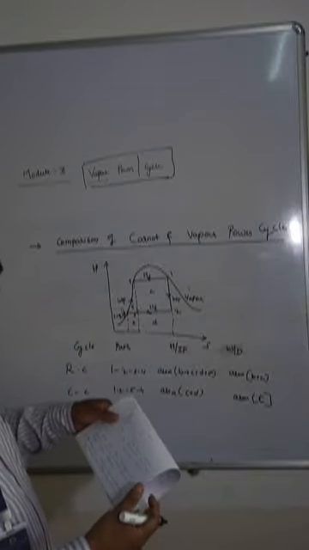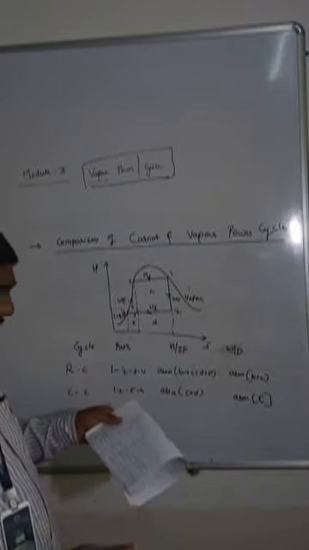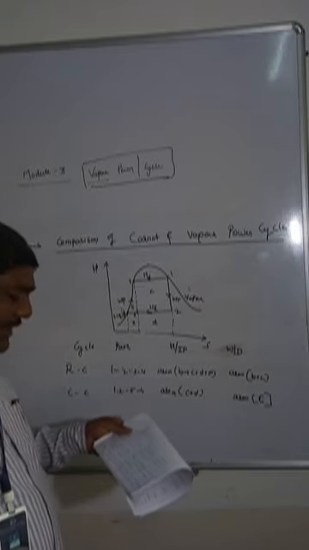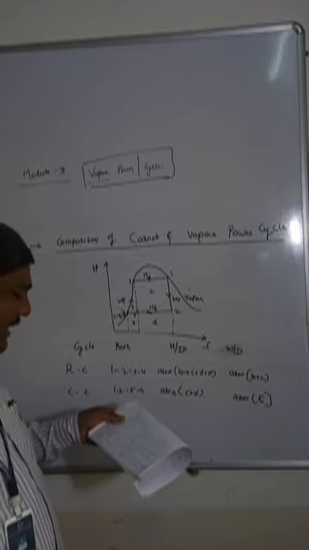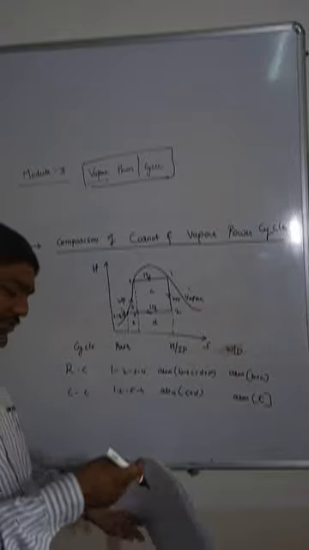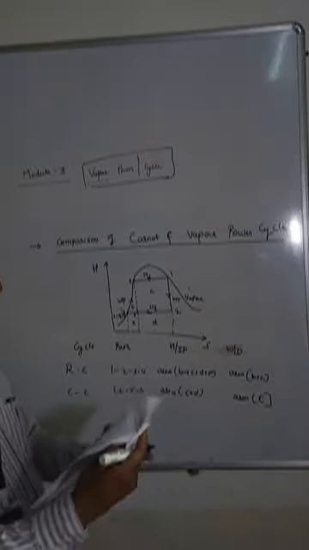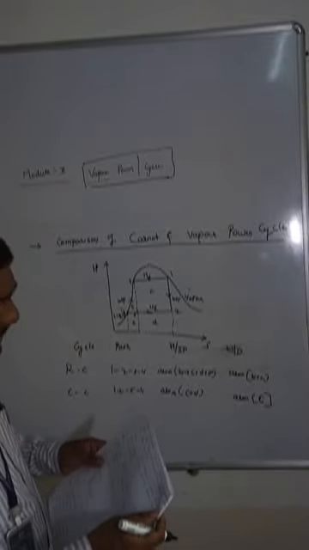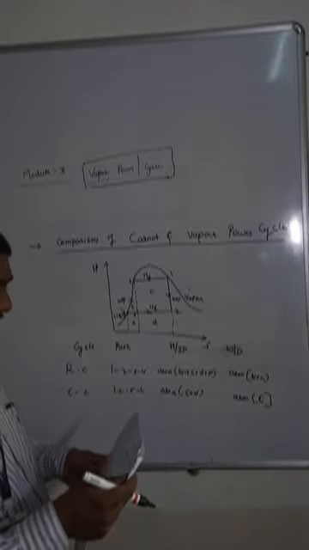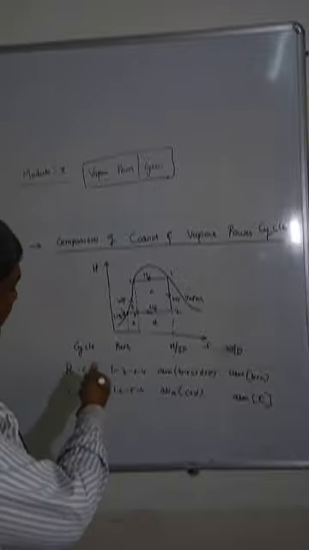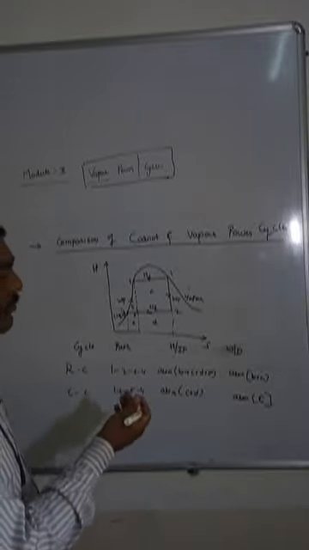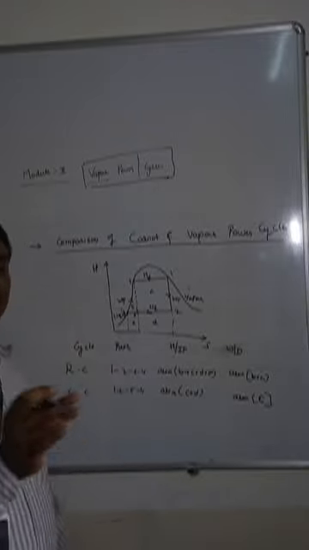See here, Rankine cycle undergoes complete condensation, whereas in the Carnot cycle the steam undergoes partial condensation. Rankine cycle can be used with any type of steam, whereas Carnot cycle can be used with only wet steam. Carnot cycle gives maximum efficiency, so Carnot has more efficiency and Rankine has less efficiency.